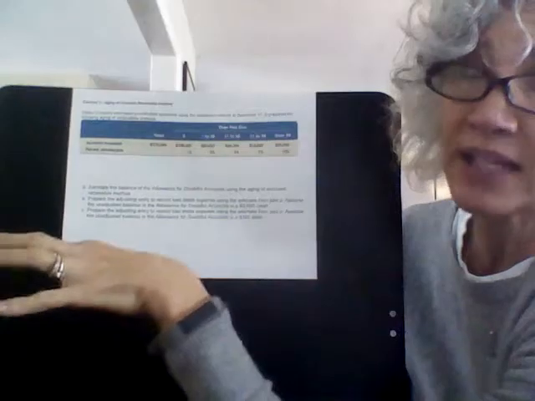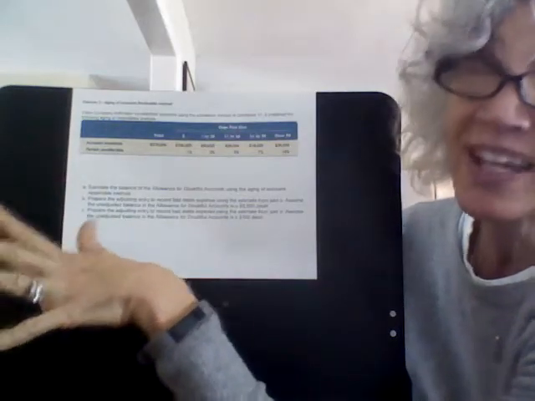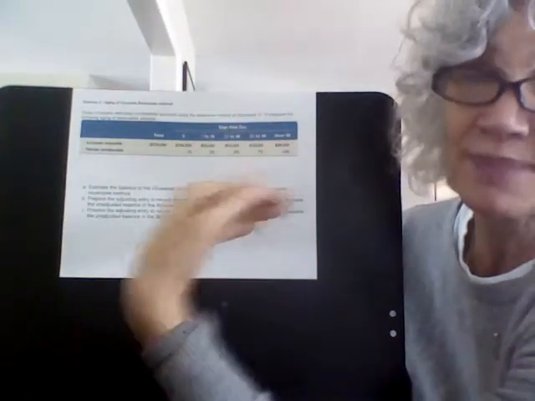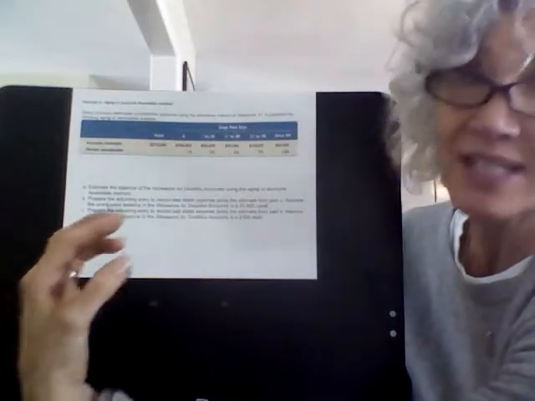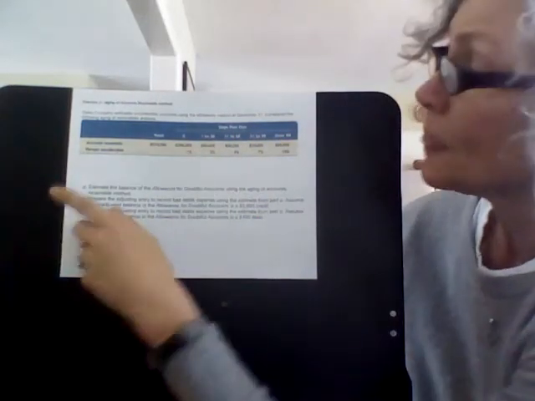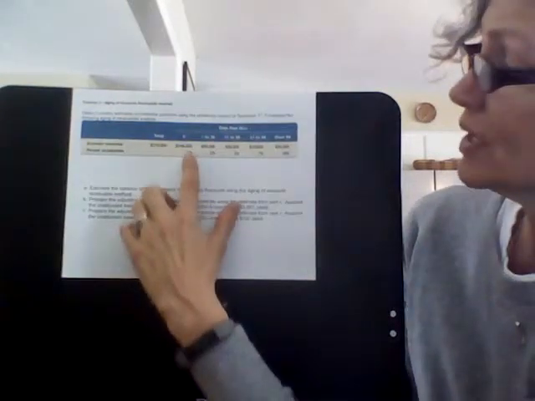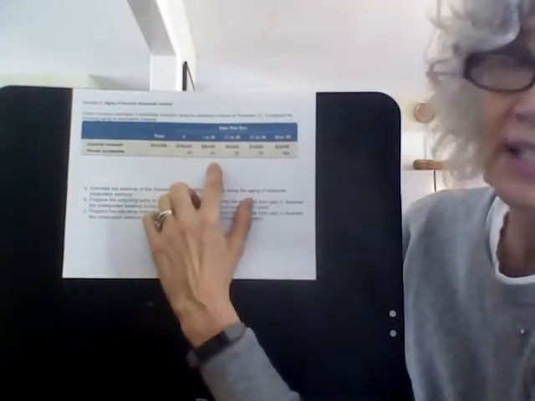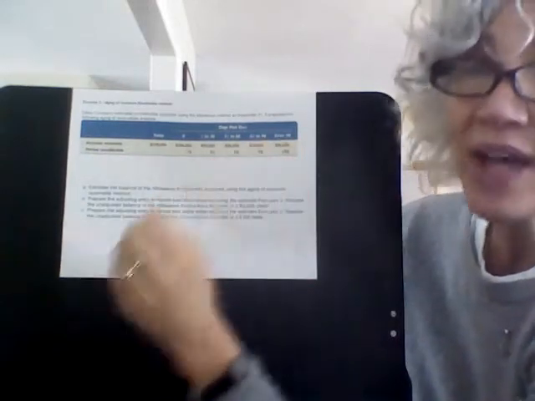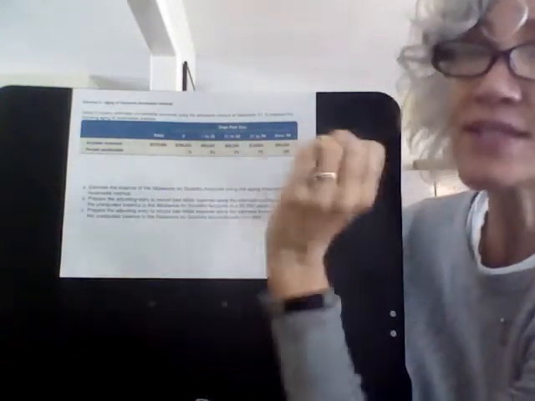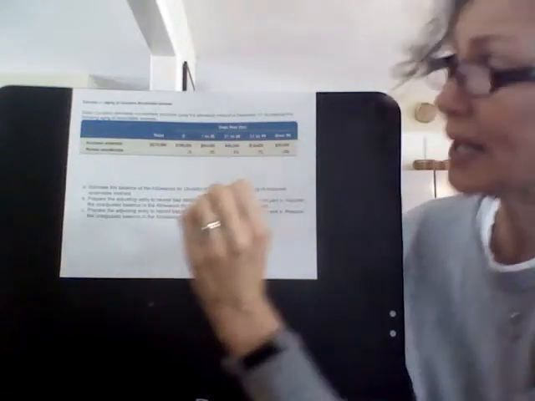In this company, in some companies, it's much worse. Everybody has their own past experience, and unless you're a brand new company, you kind of rely on your past experience with your customers. So the first thing we're going to do is use these probabilities that the accounts are going to go bad to figure what the allowance for doubtful accounts should be.